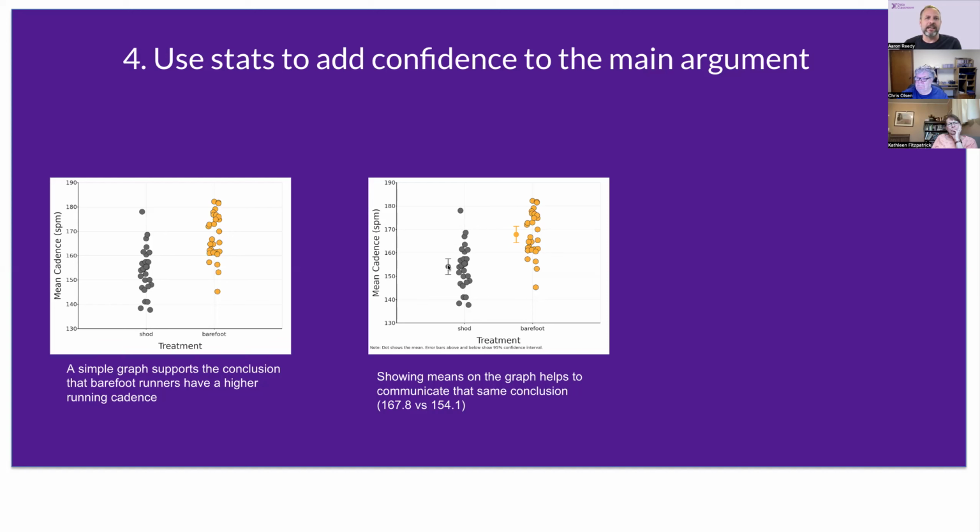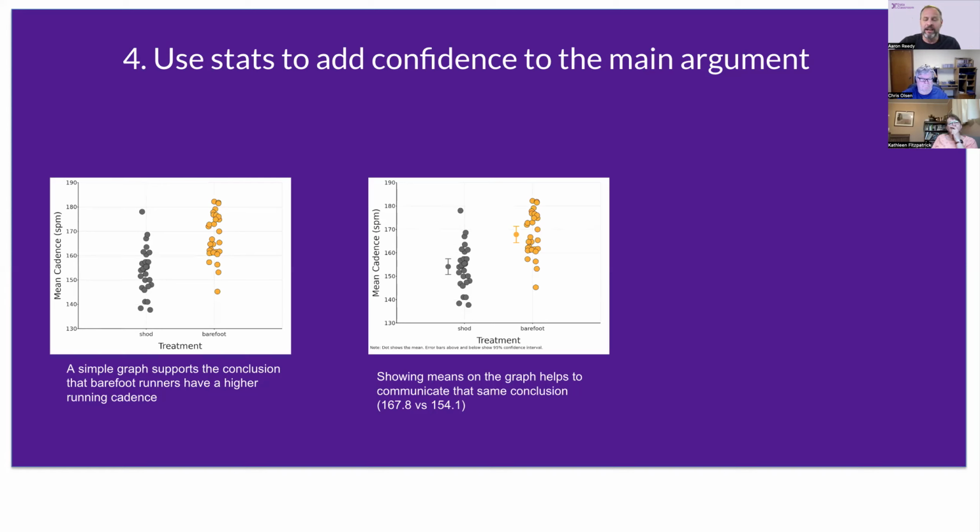And we can see that the average for the group that was shod was 154.1, and the average for the group that was barefoot was 167.8. And so again, putting some numbers to that, in the first one I said it looks like on average the barefoot runners have a higher cadence.